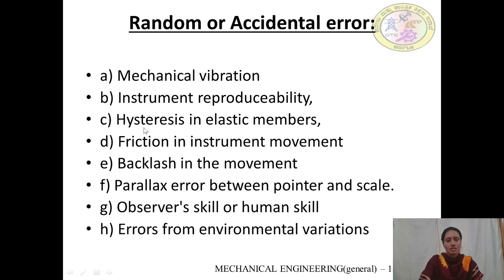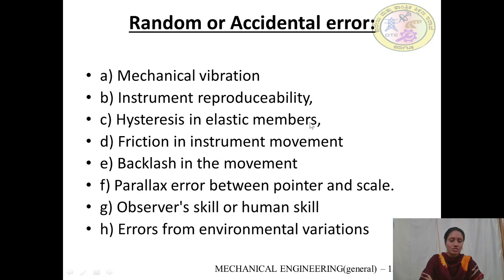And next, hysteresis in elastic members. This concept was explained in the systematic errors. Hysteresis mainly occurs in moving elements like gears, links, pointer and scale, and cam followers, etc. Here, hysteresis in elastic members means, for example, spring elements.